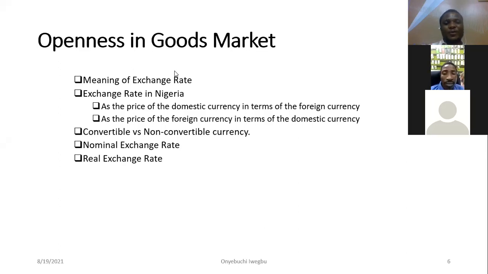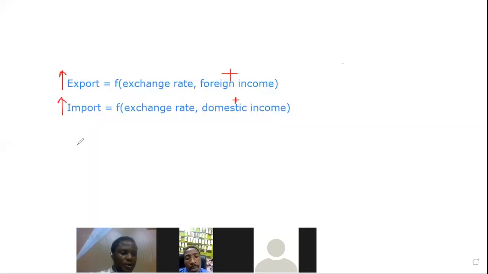Let me provide an answer to that. That's a very beautiful question. When I say we are using the first one, the first one is simply saying, what is the rate at which our naira will be exchanged for $1?